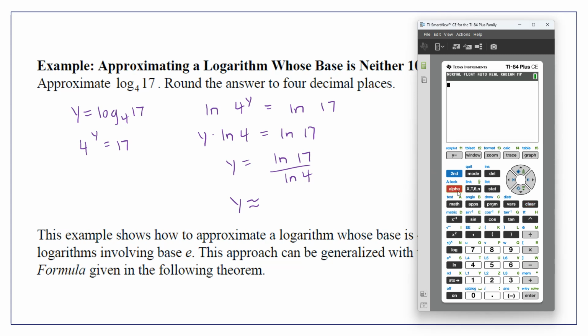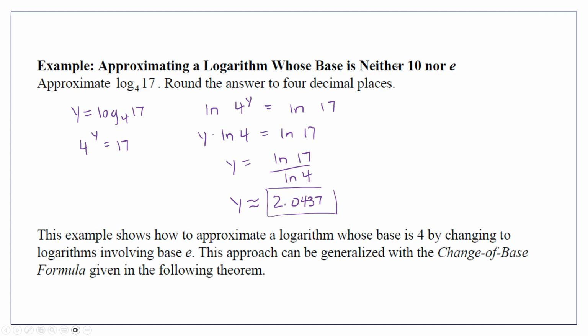We take the natural log of 17 divided by the natural log of 4, and press enter. Rounding to 4 decimal places, we have 2.0437. So that is the approximate value for our log base 4 of 17.